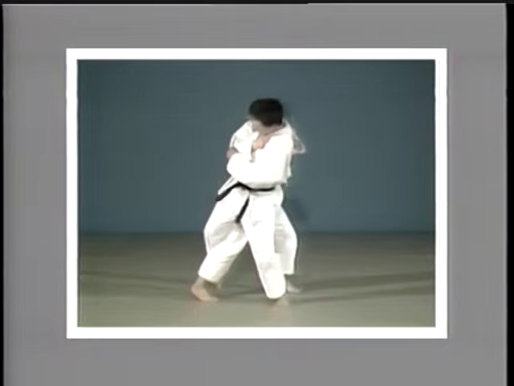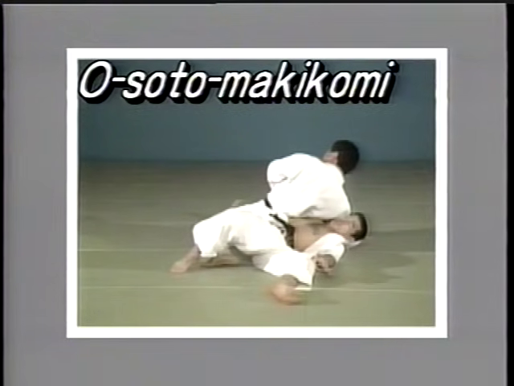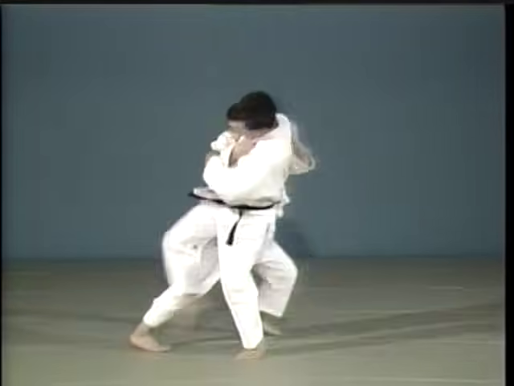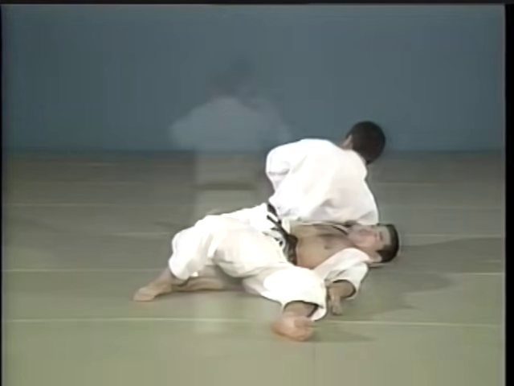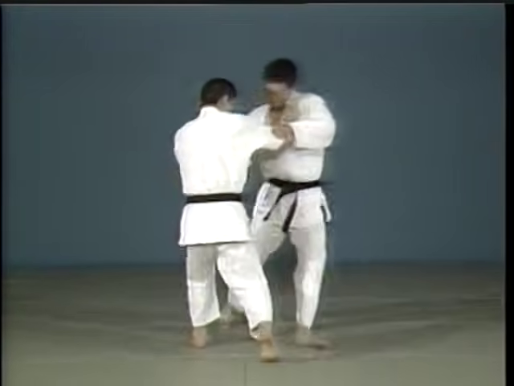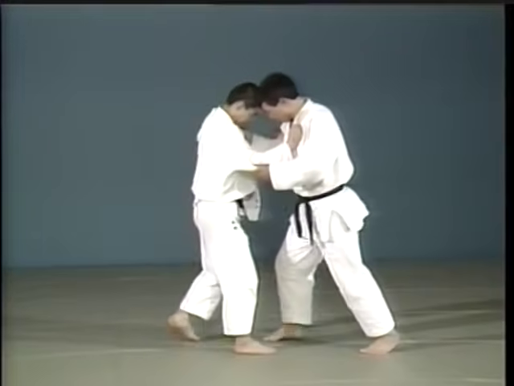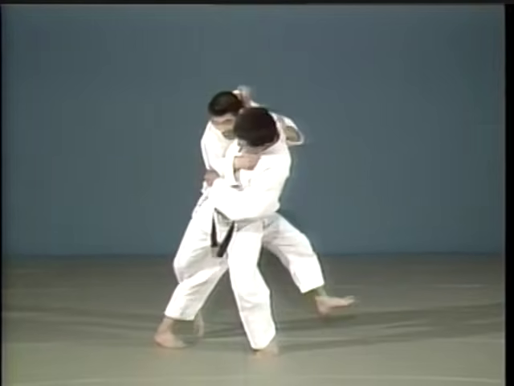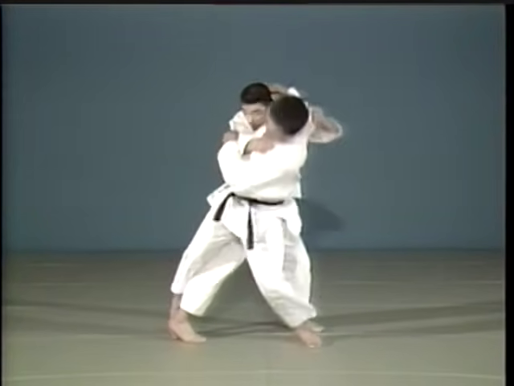All soto makikomi. Osoto Makikomi starts with one of the Osoto Gari family of techniques, followed by either an outer or inner wraparound throw. In the first case, following your opponent's defense of an Osoto Gari, you throw by wrapping him around you in an outward direction.